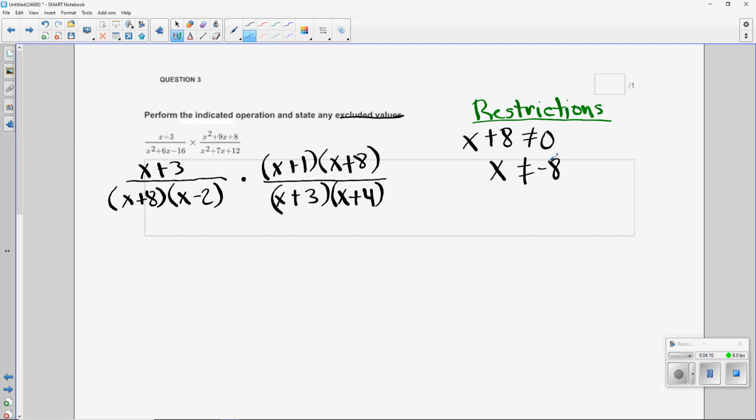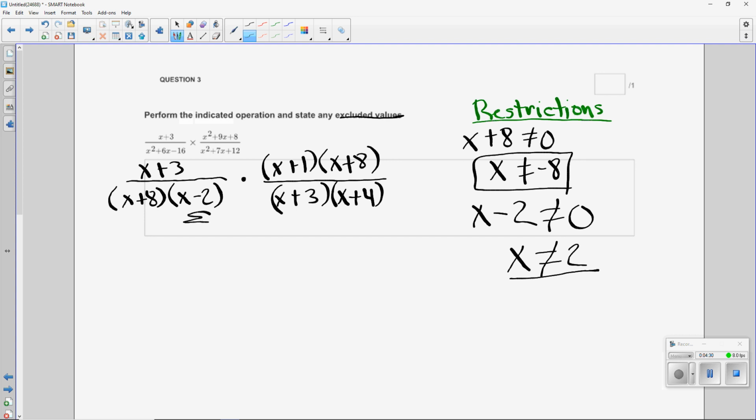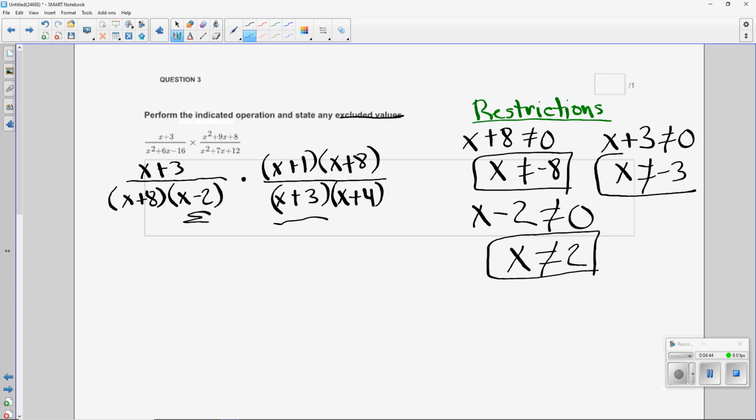X cannot equal negative 8. So that's one restriction. And then I see an x minus 2. I'm going to set it not equal to 0. Solve for x. There's my second restriction. So we're just taking each one of these bottom factors and setting it not equal to 0, and then solving for x.